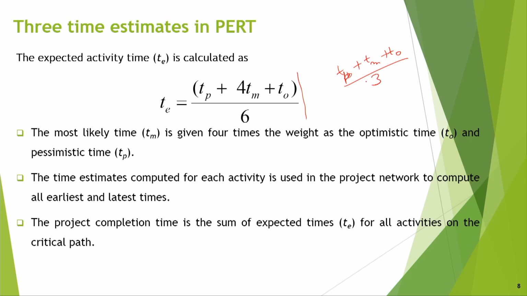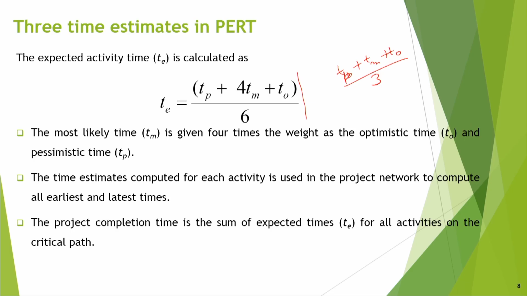I could have just added all the estimates and said that this is the average, but I am not doing that. I am giving more weightage to the most likely estimate. So, it is basically a weighted average. 4 times more weightage I am giving, which is reasonable, because you will make the estimate as per that.